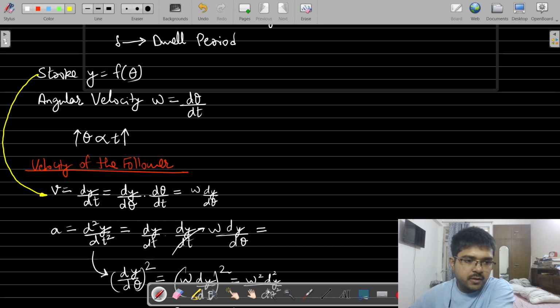Y is a function of theta, so dy by dt equals dy by d theta times d theta by dt, and d theta by dt is omega. So velocity is omega times dy by d theta.